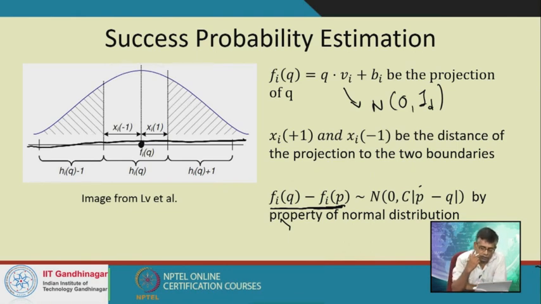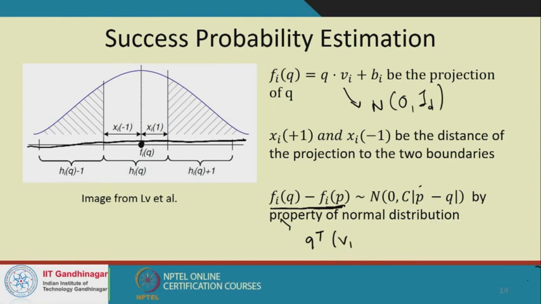Therefore, the difference f_i(P) minus f_i(Q) is really (Q minus P) transpose V_i.